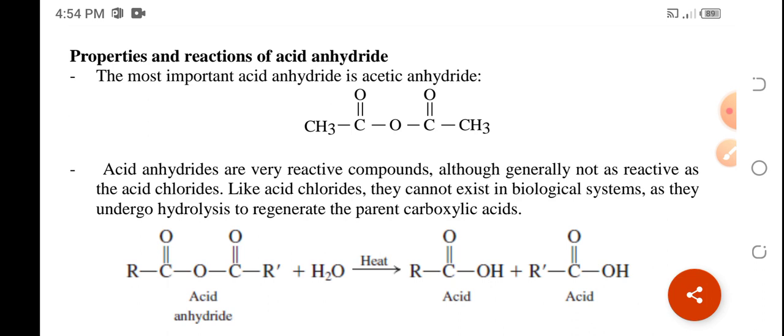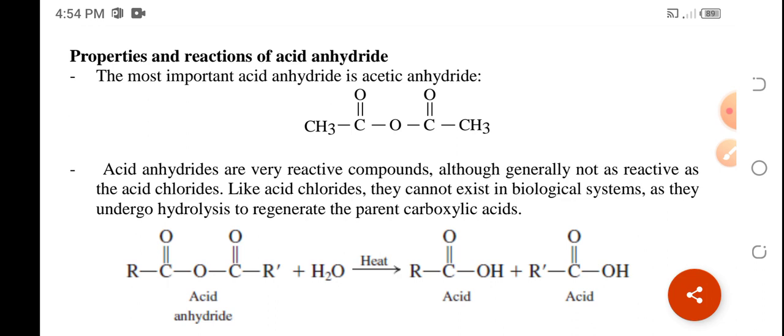Aside from that, it is also used for the synthesis of aspirin and acetaminophen and other pharmaceutical products, and also for explosives. So acetic anhydride is very useful. That's why it is the most important acid anhydride.